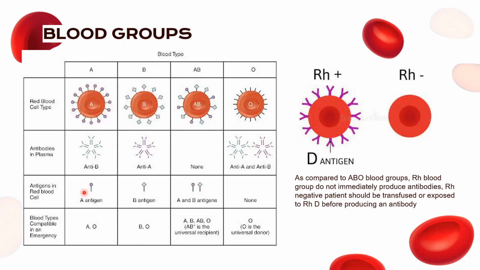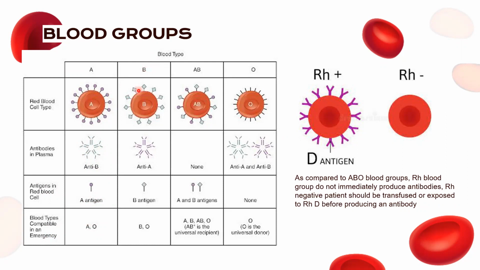These are your A antigens found in the red blood cell. And in the plasma of type A blood, there are anti-B antibodies, antibodies for B. That's the reason why the blood types compatible in an emergency for A would be blood types A and O.